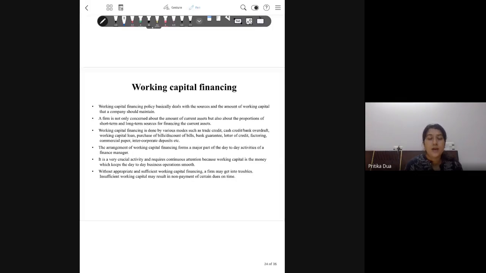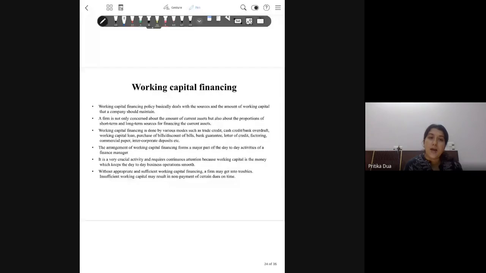So what are the various sources of finance? What are the short-term sources of finance or long-term sources of finance which are available? Since we are talking about current assets, our focus is on the short-term sources of finance which are available for financing the current assets of the business.